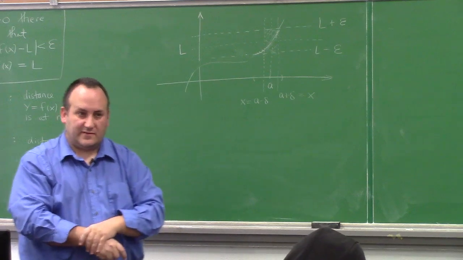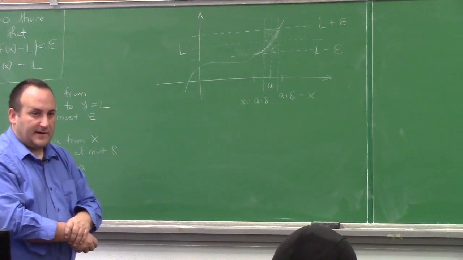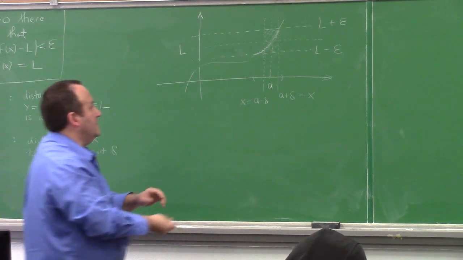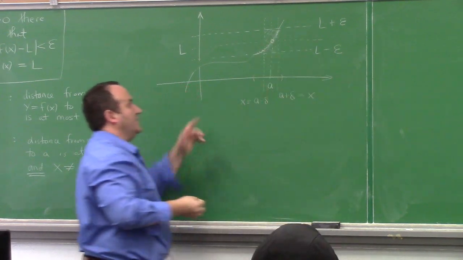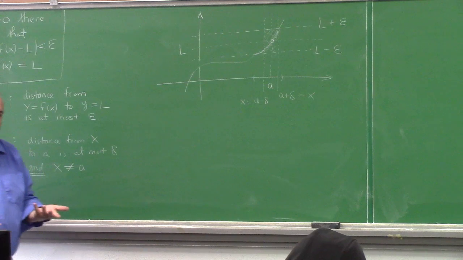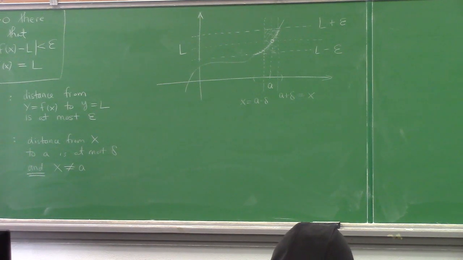That's what it means for the limit to exist. It's okay that the function doesn't have that point, it's outside the domain. The limit's still defined. So this definition means that graphically.